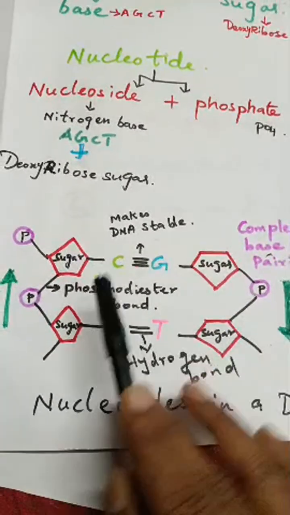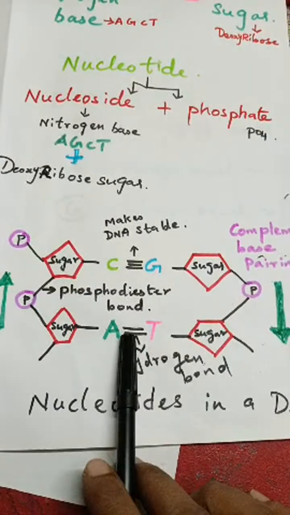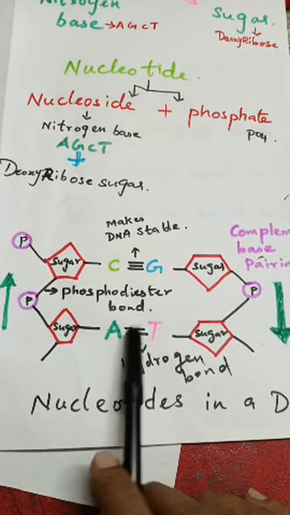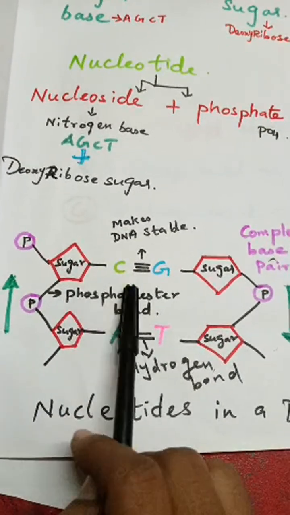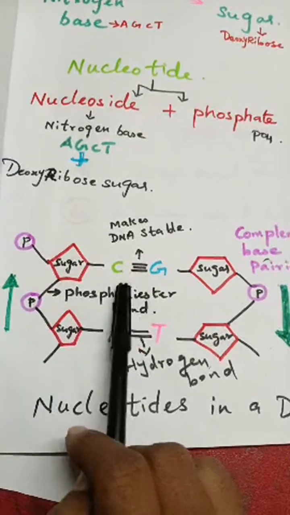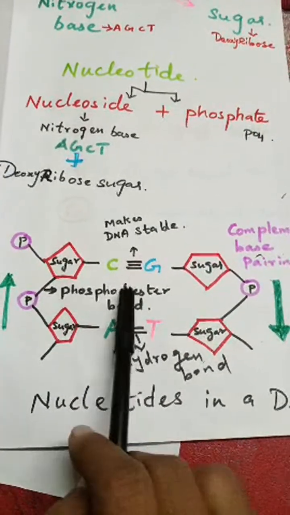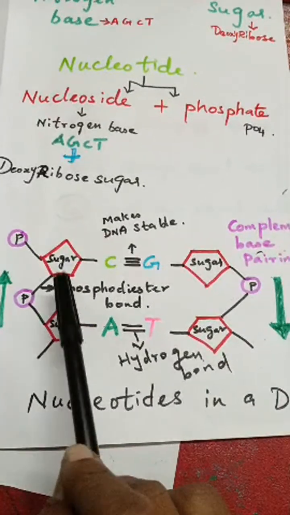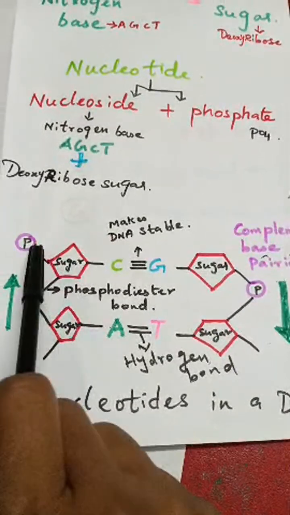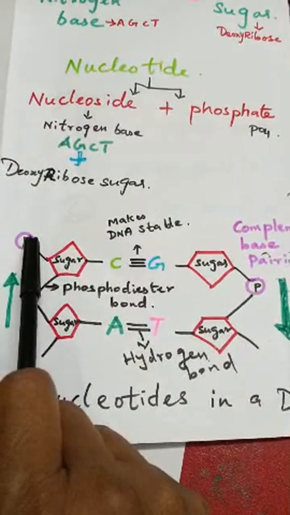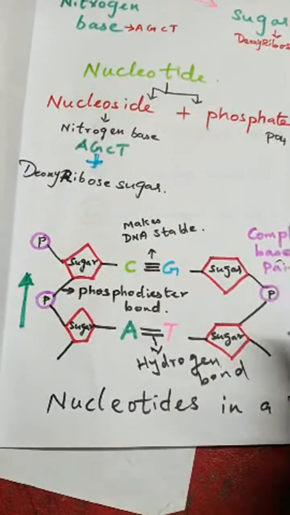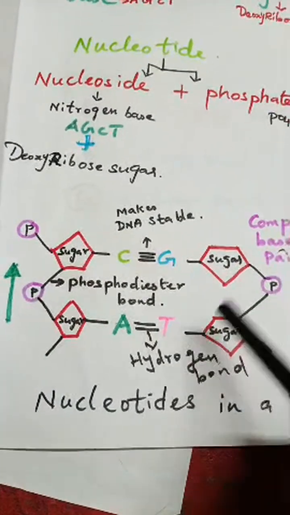So what's the third point of Watson and Crick? Watson and Crick proposed this sugar will be linked with the nitrogenous bases in the center, and this sugar in turn will be bonded with the phosphate group. Is that clear? That is the third point proposed by Watson and Crick.